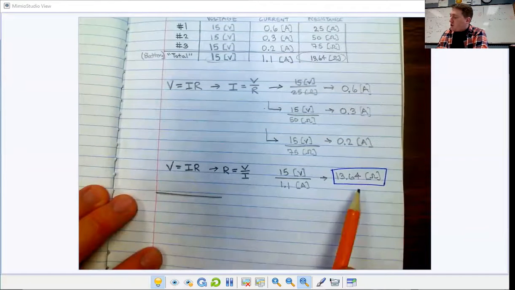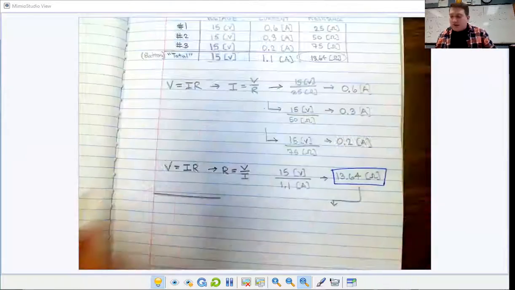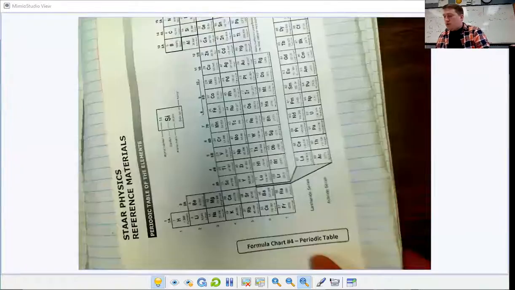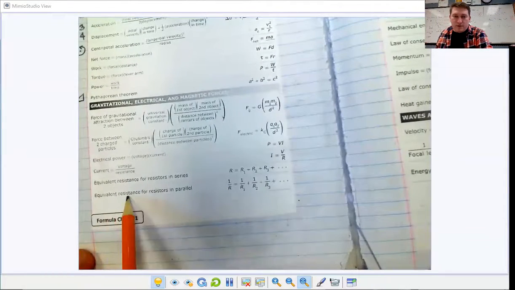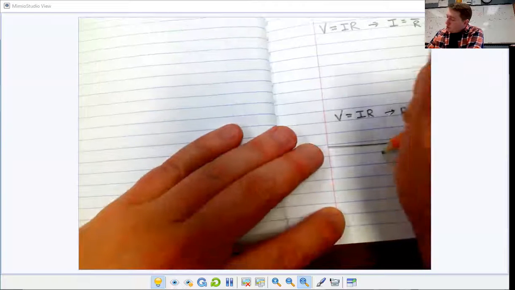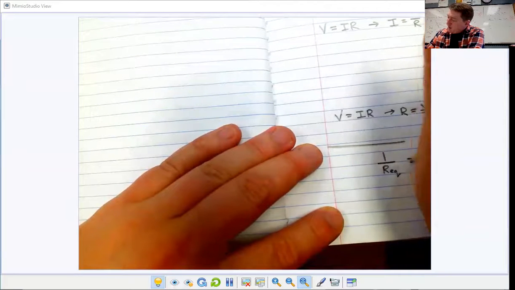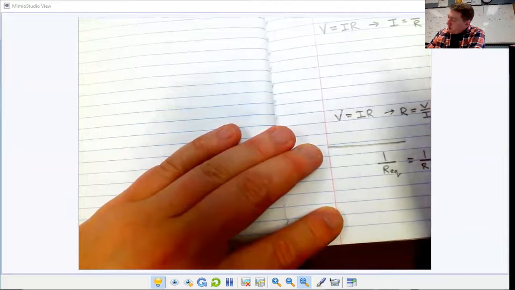Finally, there is an alternative way to calculate this number. There's an equation in the beginning of your journal right here on the left side. It says the equivalent resistance for resistors in parallel. So let us calculate together. That's 1 over the total resistance, or the equivalent resistance, equals the reciprocals of all resistors together.